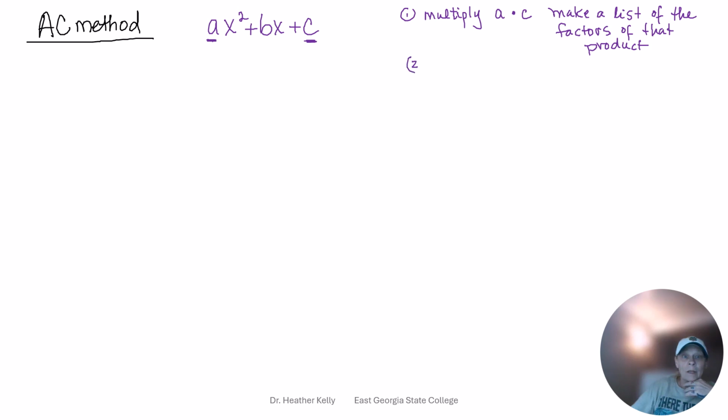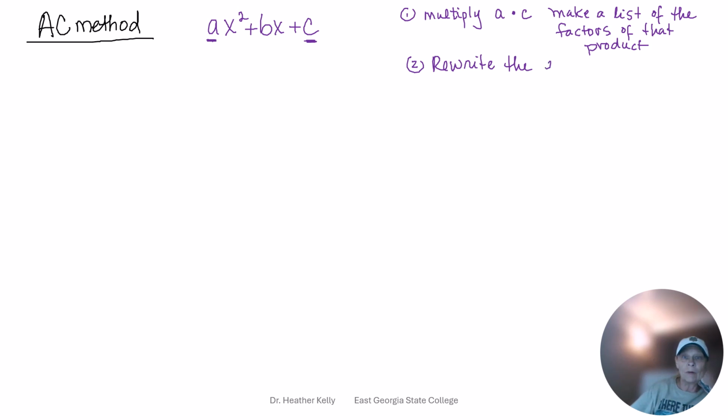Okay, and then after we make that list, we're going to rewrite the equation, or expression. Let me just call it an expression because we're really not solving anything yet. So let me be technical.